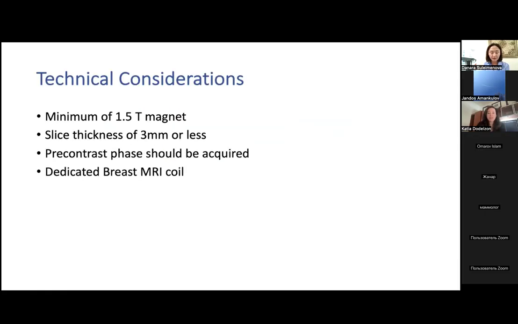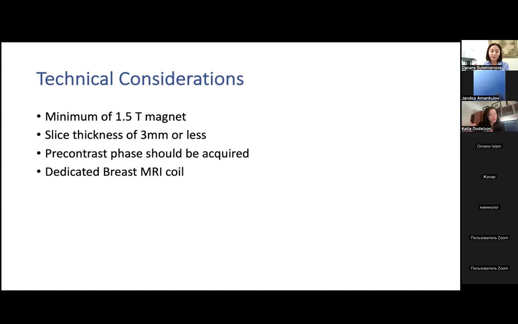So in general, technical considerations, the recommendation for diagnostic breast MRI is to have at least a 1.5 Tesla magnet strength because that really affects our resolution and therefore interpretation. I will say that 3 Tesla magnets are much better. In fact, these have been shown to be much more consistent with the extent of disease on surgical specimens than 1.5 Tesla.